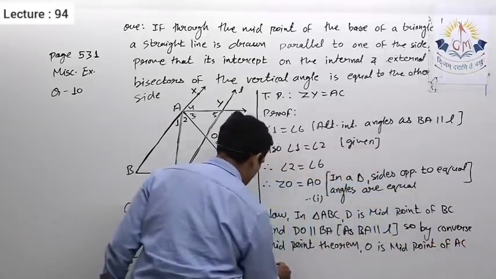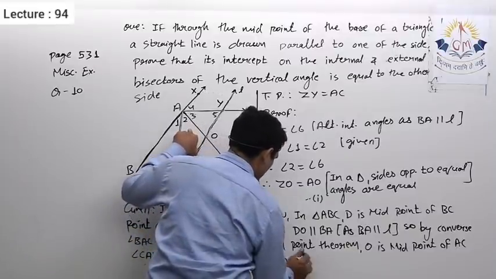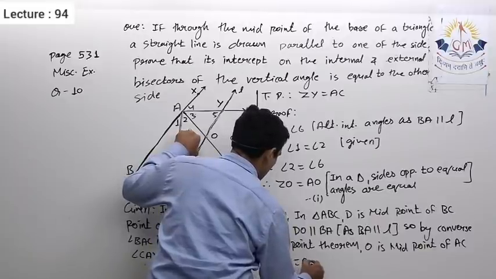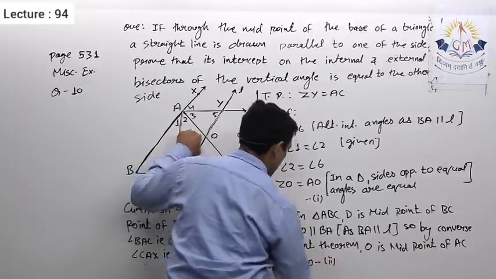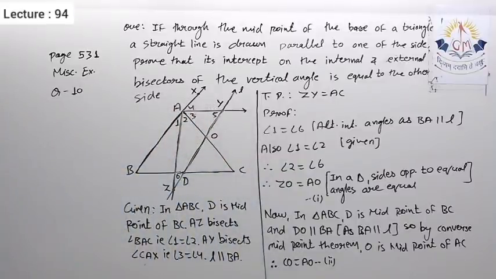Therefore, I can say AO equal to CO, therefore CO is equal to AO. Let it be second. So note it down up to this point, then we'll see the rest.